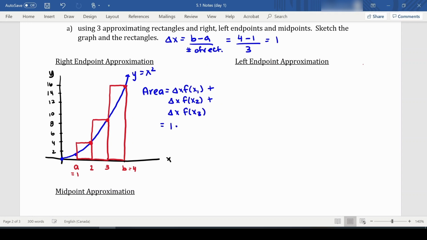Delta x is 1. f of x1 is 2 squared, because this is x0, then x1, x2, and x3. So f of x2 should be 3 squared, and f of x3 should be 4 squared. So my area is going to be 4 plus 9 plus 16, which gives me 29.